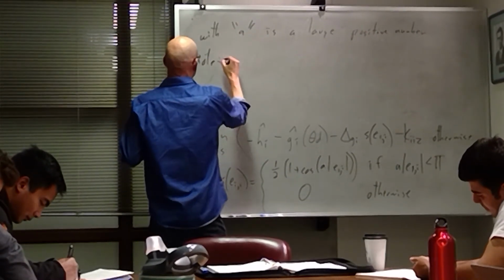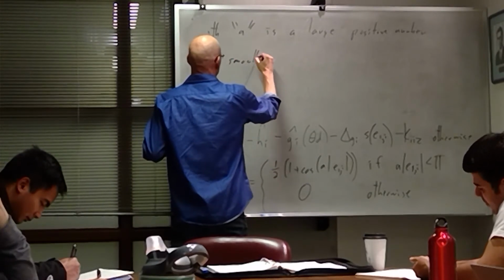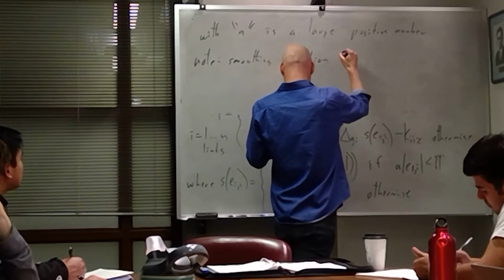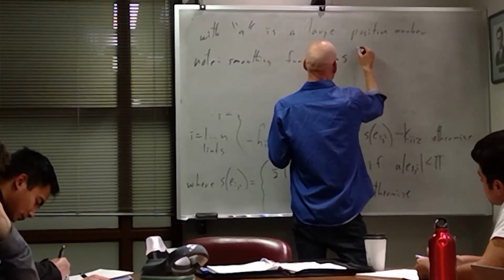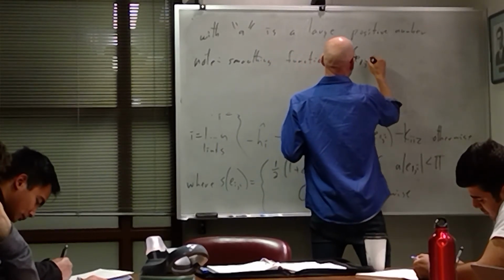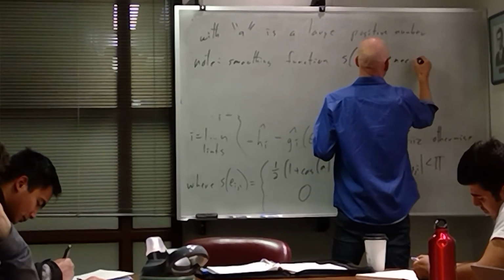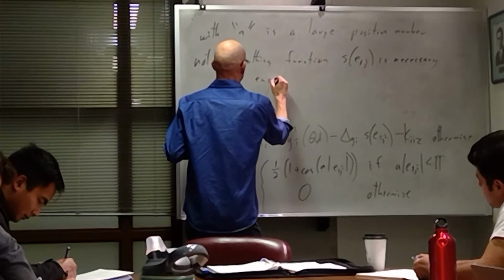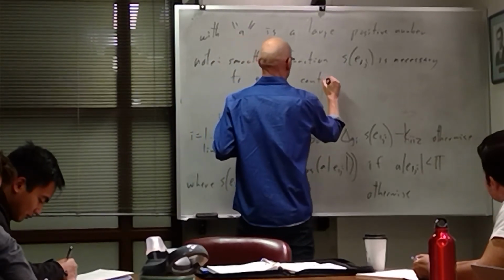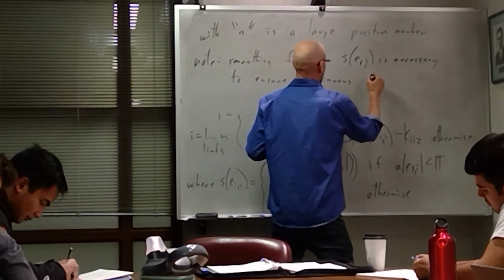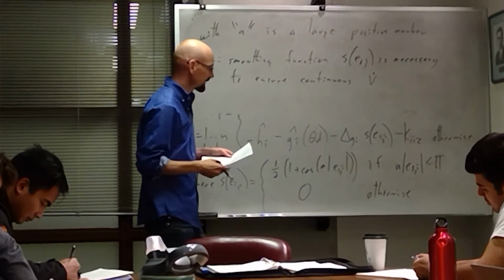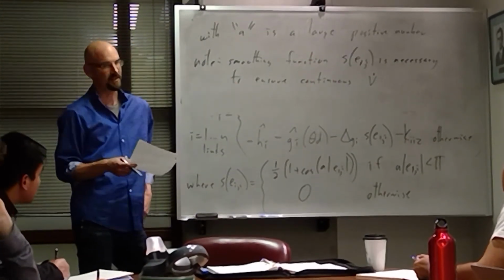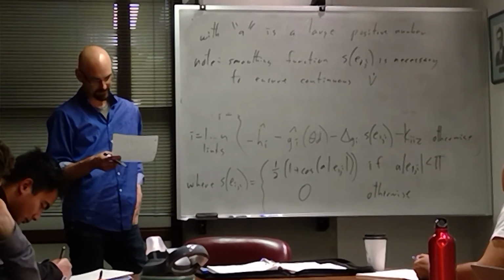Note: the smoothing function S is necessary to ensure a continuous V dot. But basically picking A as large as possible essentially makes it a discontinuous function.